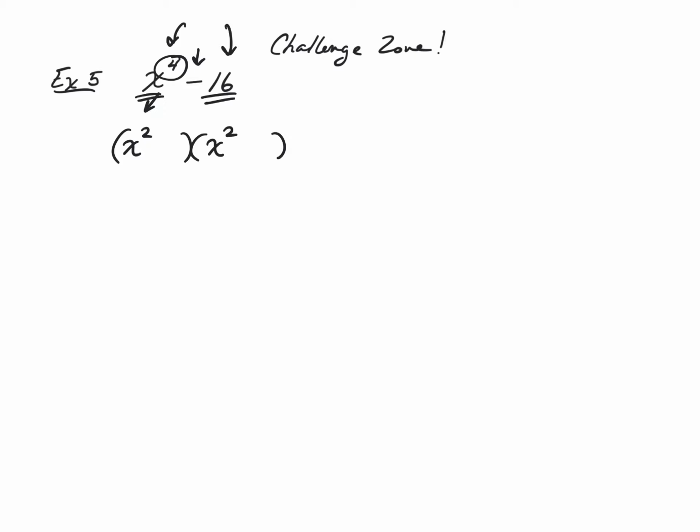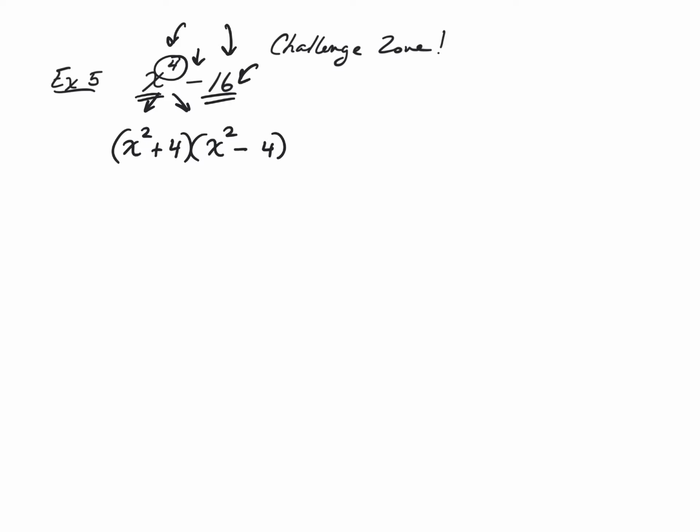So if you separate this into 2 even groups, you get x squared and x squared. So that's the easy part, right? And then you have 16. And then 16 simply becomes the 4 times the 4, and one could be positive and one could be negative. And a lot of people would stop here because they think they're done. But the goal in factoring, remember, is to continue to break apart things into multiplication as far as you can. All right? So here we go.